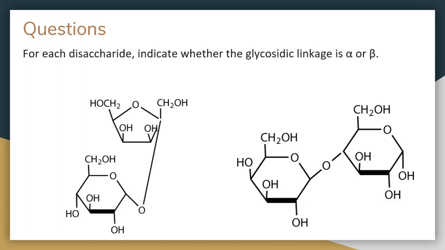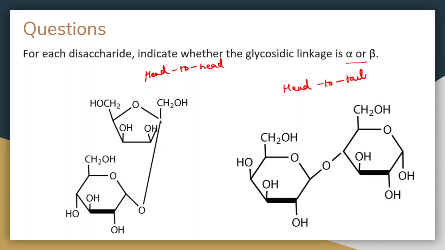So this is the question. Here you will have to find out whether this sugar has alpha or beta glycosidic linkage. So this one and this one. Over here if you see, this is head to head, this is head to tail. This is head to head, this is head to tail.